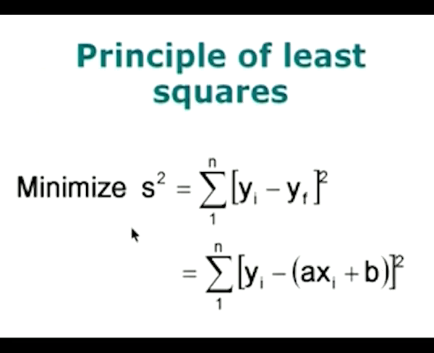So, I have to minimize this value of s squared, because we have already seen, when we were talking about the normal distribution of the errors and so on, that the sum of the squares must have the smallest value. In fact, we found out that the mean value represents the best value for the quantity. There we were talking about a single quantity which is measured, but here we are talking about 2 related values y and x.